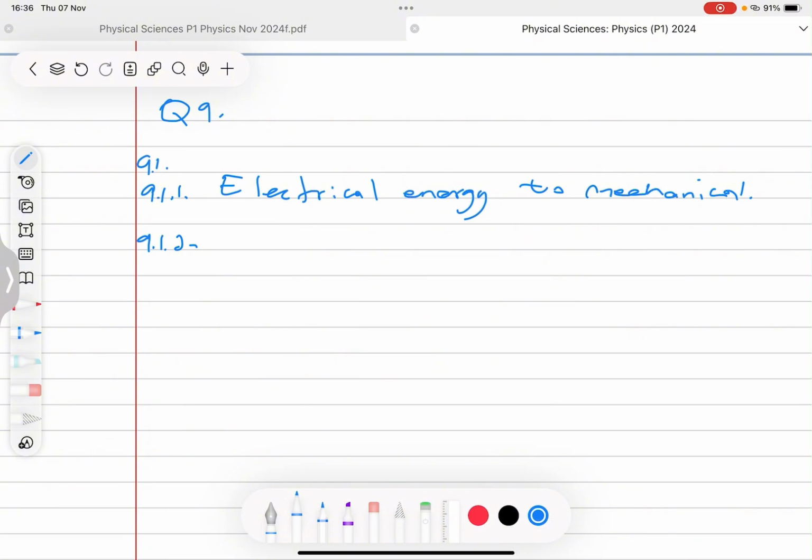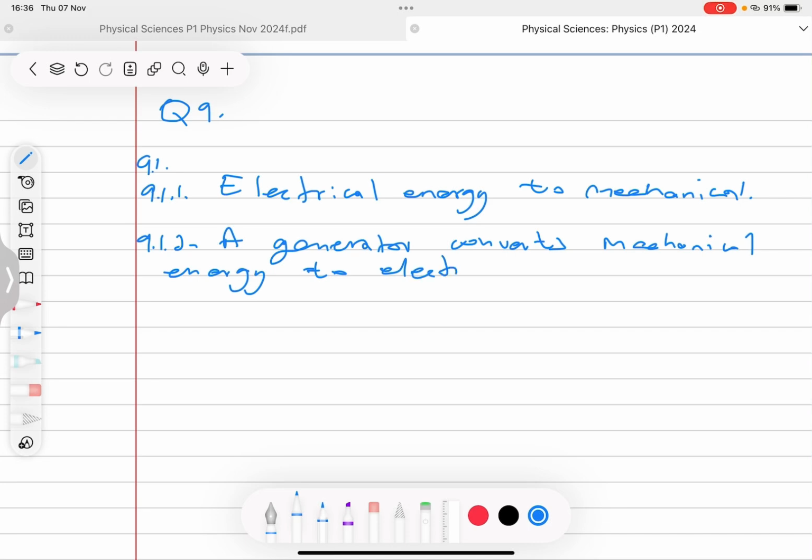Then we put a conductor in there so that it moves, and as it moves, current starts existing in the conductor. So this means that a generator converts mechanical energy to electrical energy.